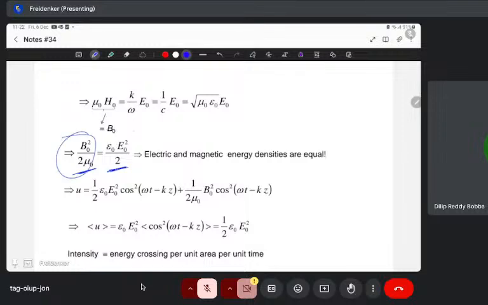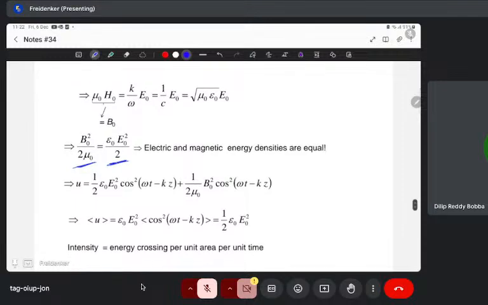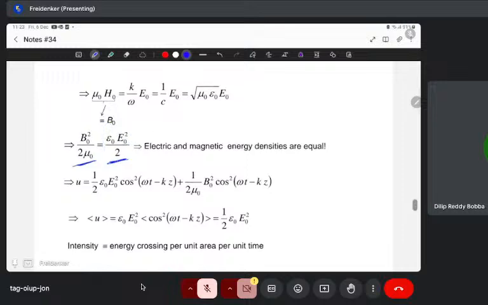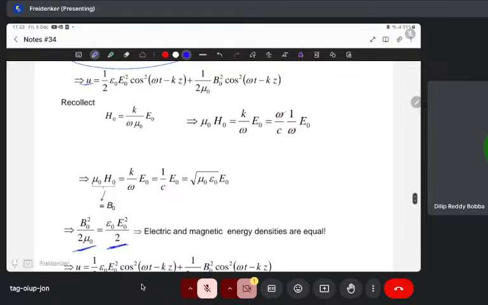Initially we said total energy is electric plus magnetic energy per unit volume. So this is energy density. If you want energy, you have to integrate it with respect to the volume. Then you'll get energy. These are energy densities. Nu is energy density.